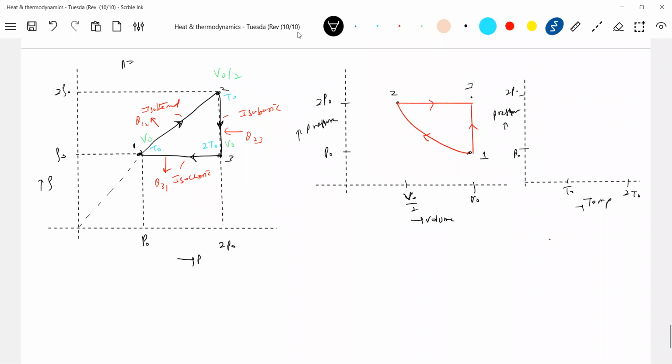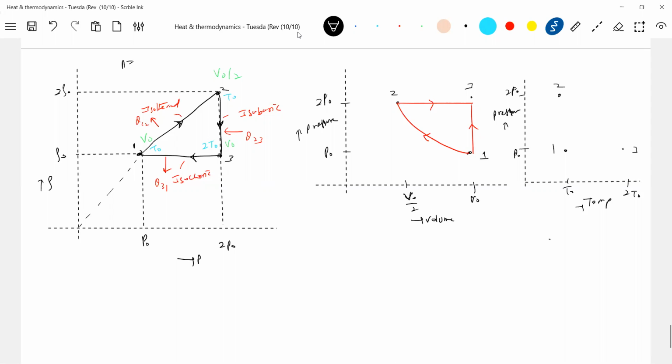Of course, only 3 points are there. It will be very easy. Point 1, P0 T0. Next, point 2, 2 P0, T0. Point 3, 2 P0, 2 T0.